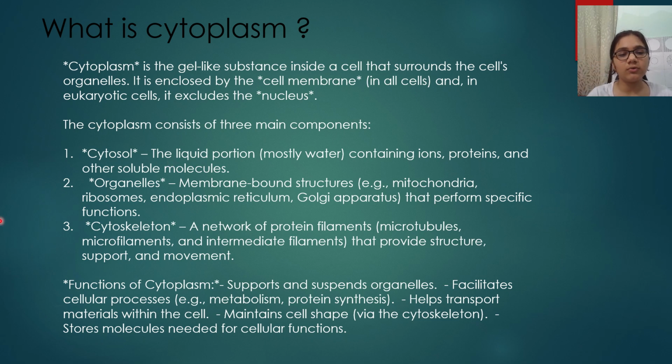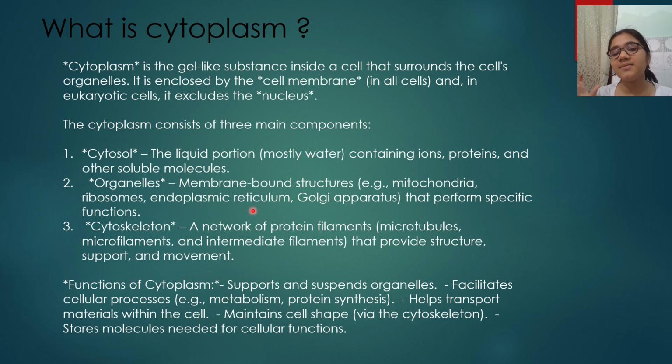Now, what is the cytosol? Cytosol क्या होता है? Cytosol is the liquid portion present inside the cell. It is aqueous, meaning water is present; a structureless, transparent material containing ions, protein, and other soluble molecules.